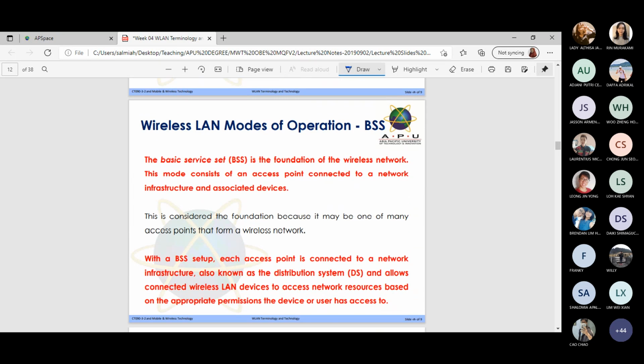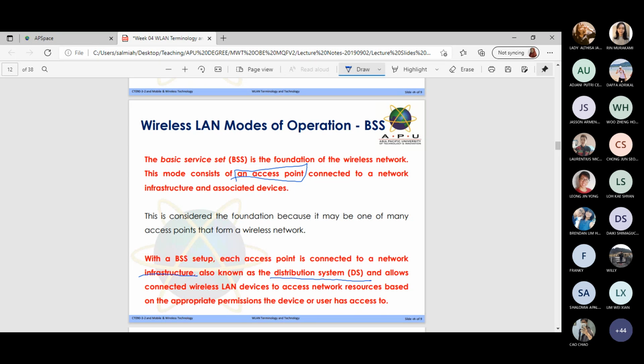Okay, this basic service set, as I mentioned, needs to have one access point. When we have this one access point, this is what we call infrastructure mode, also known as distribution system.